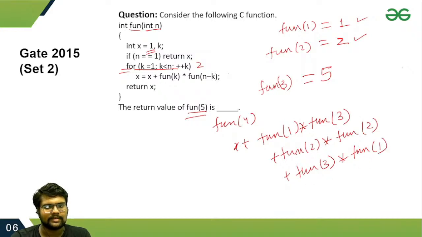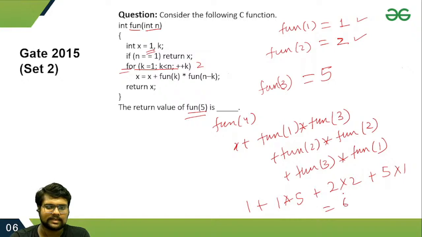So we have all these values here, so we will just add them. The value of x is 1, so 1 plus fun of 1 is 1 into fun of 3 is 5, then fun of 2 is 2 into 2, plus 5 into 1. So it will be 1 plus 5 is 6, plus 4, plus 5, so it will be 15. So fun of 4 is 15.